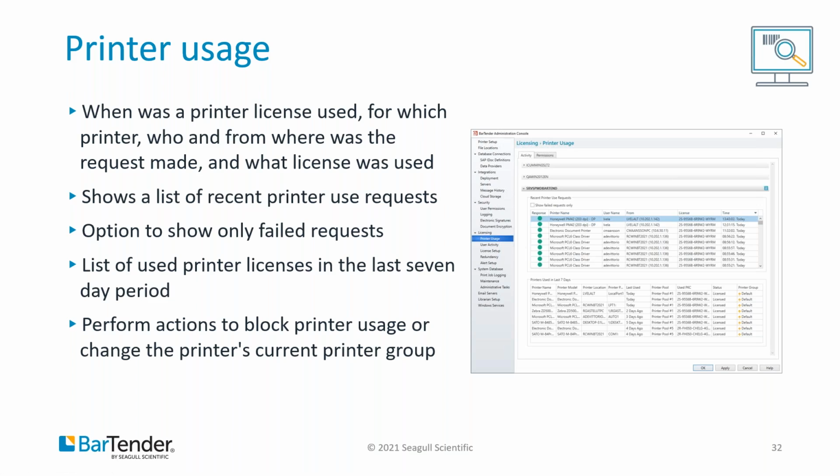In fact, that will add that printer to the blocked printer group, so in future, that printer will not be used again. And of course, as time goes forward, eventually that printer license usage will be dropped from the used printer list, thereby freeing a printer license slot.